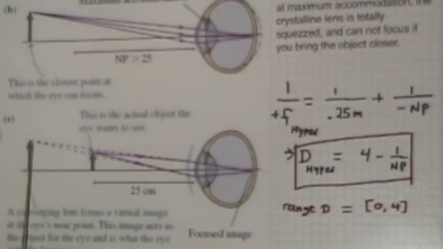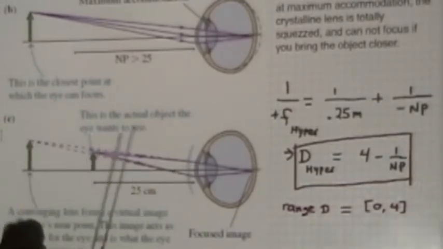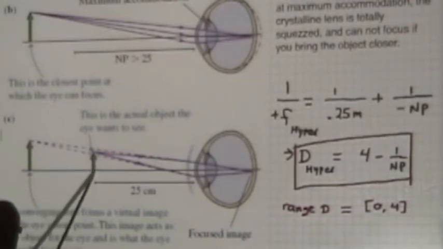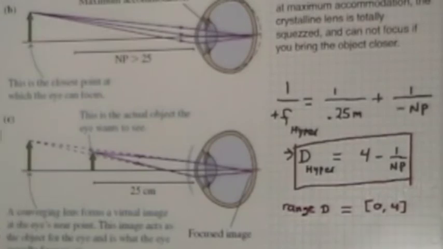Remember that if you put an object here, you can focus that, but barely. That's the limit. So if you place an object even closer than that, this lens, if it were able to produce an image here, then your eye will be able to focus that. So that's the job that you want this lens to do for you, to have an object here and have an image of that object that is behind the object.